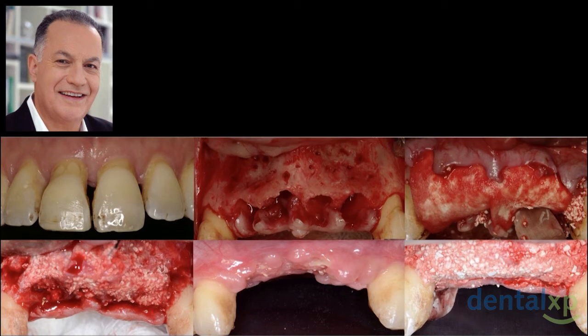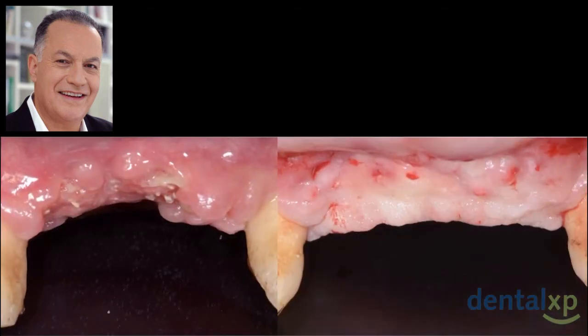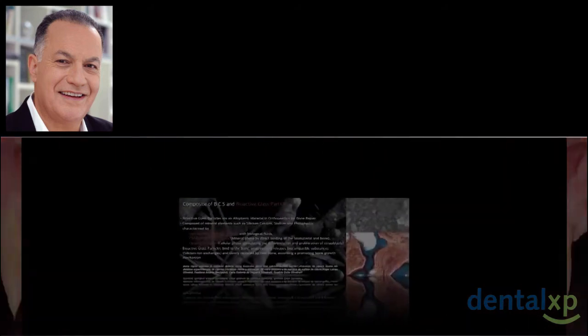The first surgery, in which we had some good result on one side and less on the other side, we decided to have a new surgery, as you can see on the lower side on the right side, the second stage, in which we had a very nice building of the ridge in the lateral position, as well in the vertical position. And you can see the result after the second surgery with the bone graft, with the hydroxylapatite and bicalcium sulfate, what we call the bone apatite.